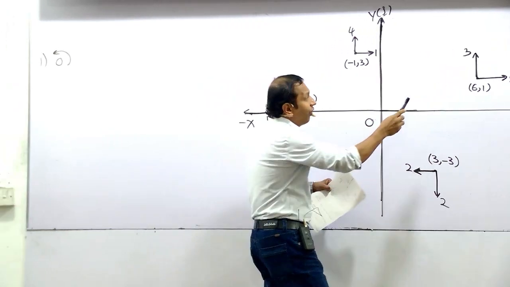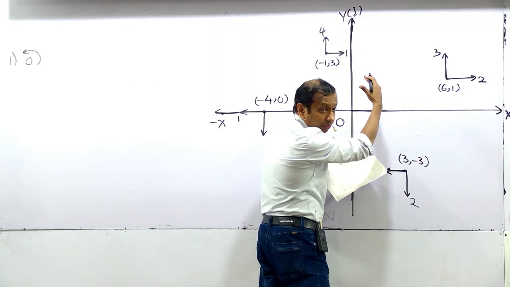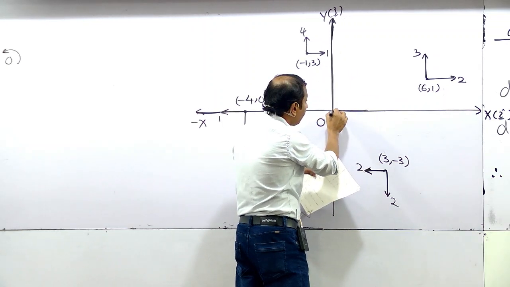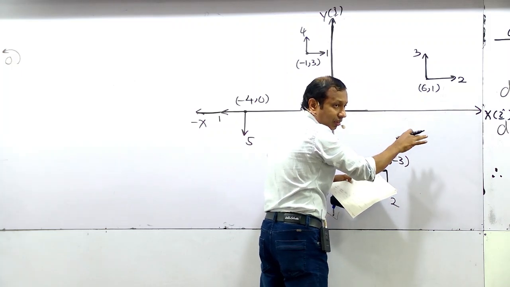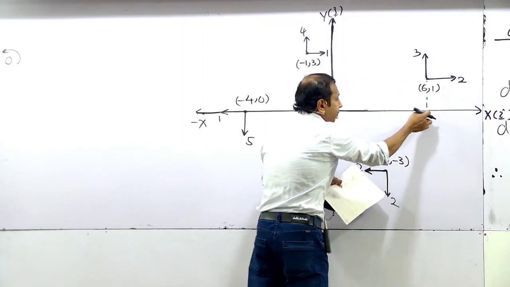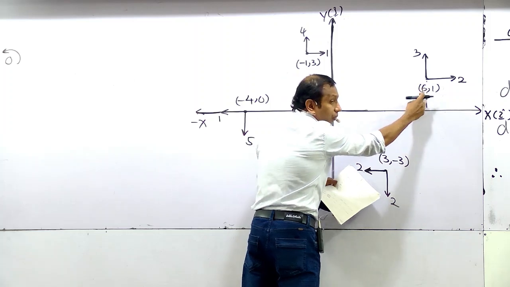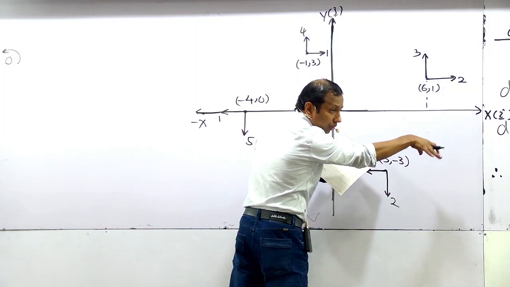Tell me the moment of 3 around O, what moment? Anticlockwise, right? Why? Around O, when you push this way, the system rotates anticlockwise. This we discussed in detail in the lesson. So once I produce a line here, to this 3, what is the perpendicular distance? This x coordinate, this is 6, no? 3 into 6, anticlockwise moment. By 2, what is the sense? Clockwise, right?